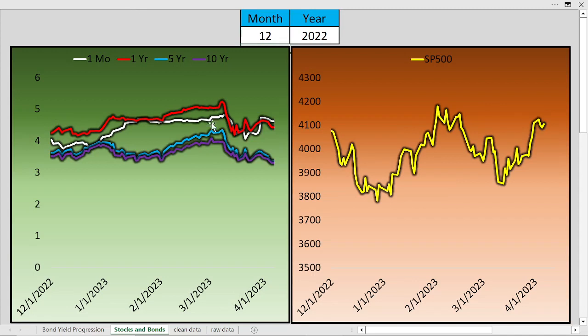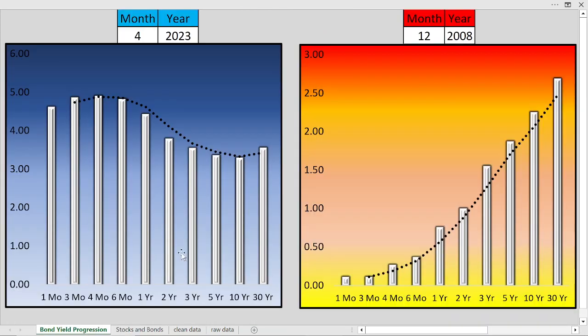The red line, the 1 year, and the white line, the 1 month, are starting to cross down. Remember what happened in the prior chart when we saw in 2008 the same occurrence take place.